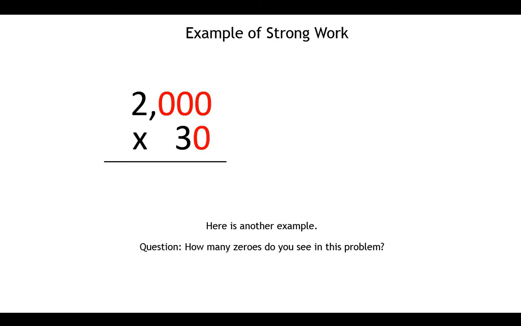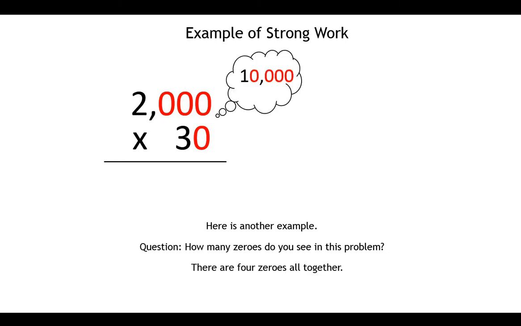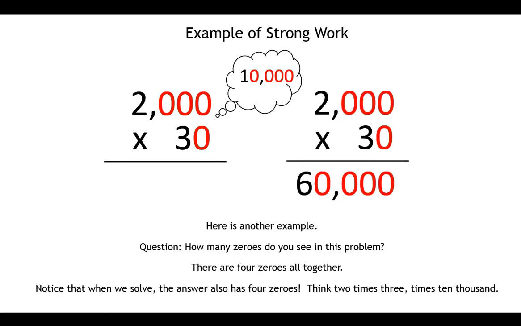Here is another example. Question: how many zeros do you see in this problem? There are 4 zeros altogether. Notice that when we solve, the answer also has 4 zeros. Think 2 times 3 times 10,000.